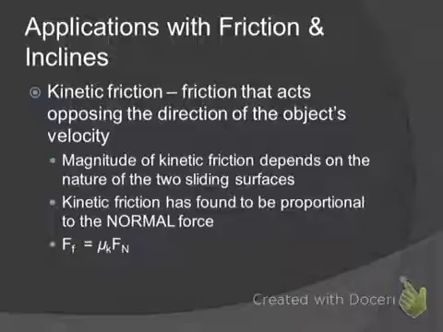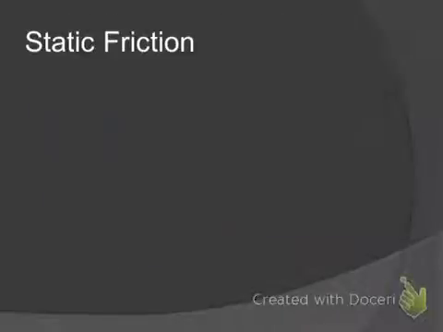And there are two different types of friction. We looked at kinetic, which is friction of an object in motion. Now we're going to look at a second type of friction called static friction. What do you think static friction might be? Not moving, right? If something is static, if it's stagnant, that means it's sitting still.